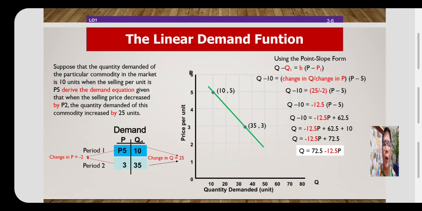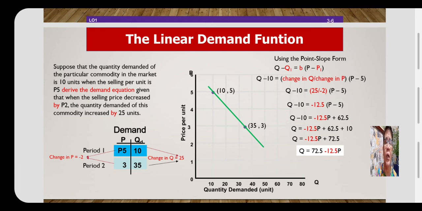So, specifying further from this given equation, the price of 5 decreased by 2, so that the price now of 5 pesos becomes 3 pesos because it has decreased by 2 pesos.